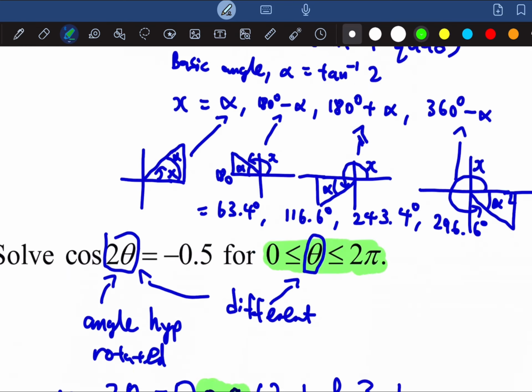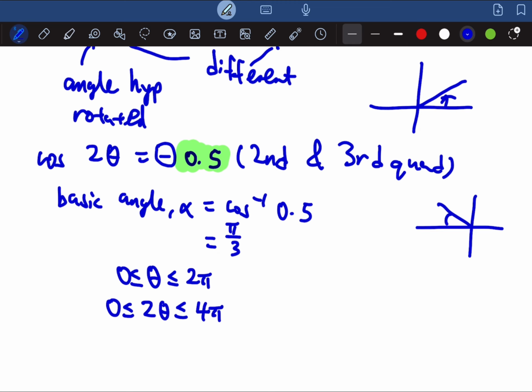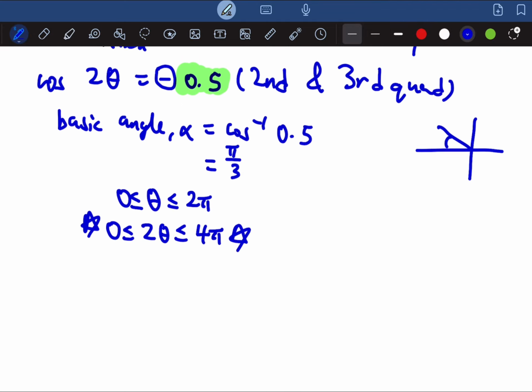Because the range given in the question is from 0 to 2 pi for theta, but we are asked to solve for 2 theta, we have to change the range by multiplying by 2 throughout. So this is the new range that we need to work with. Hope that everyone is still clear.